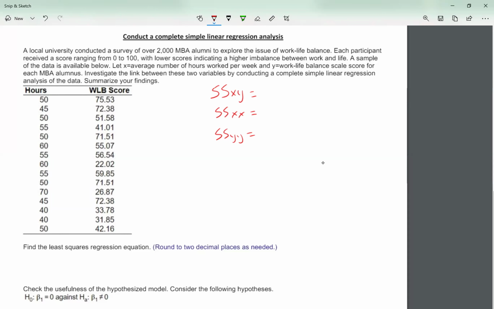Then I'm going to be able to find my beta 1. I'm going to find my x bar, my x average, and my y average. And based on that, I'm going to be able to find my beta 0, because I need my beta 1 and my beta 0 for my equation.